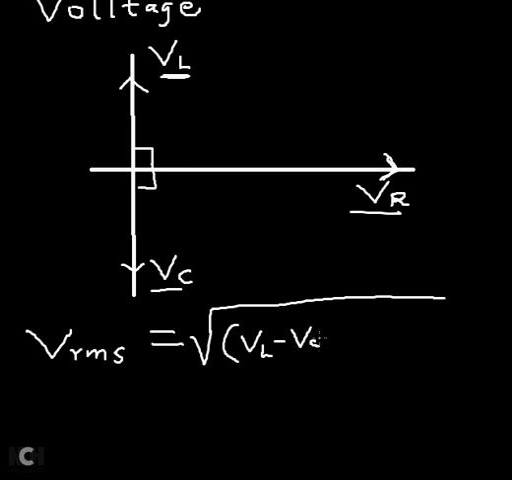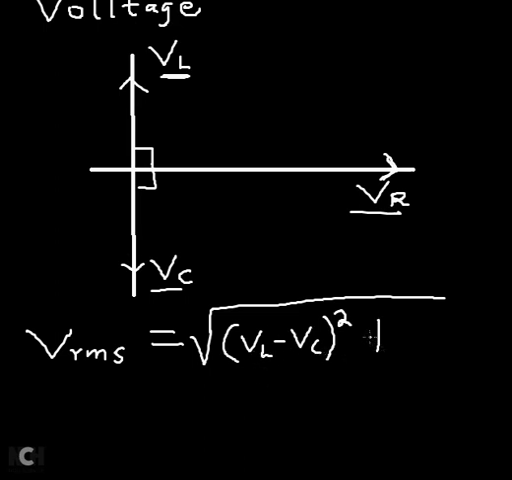This is for the reactance. I have to find the difference, because they're acting in opposite directions. VL minus VC all squared. This is for the vertical, and because they're acting in opposite directions, that's why it's VL minus VC.